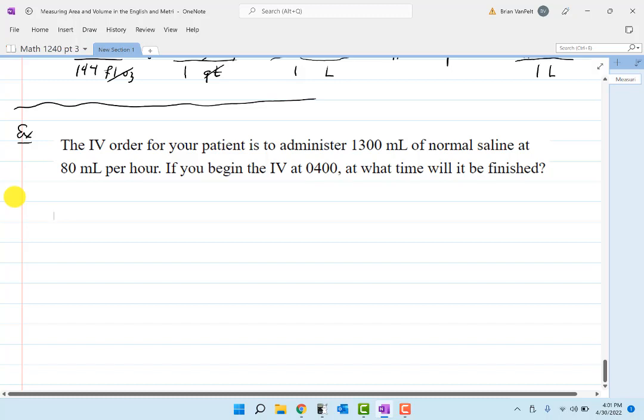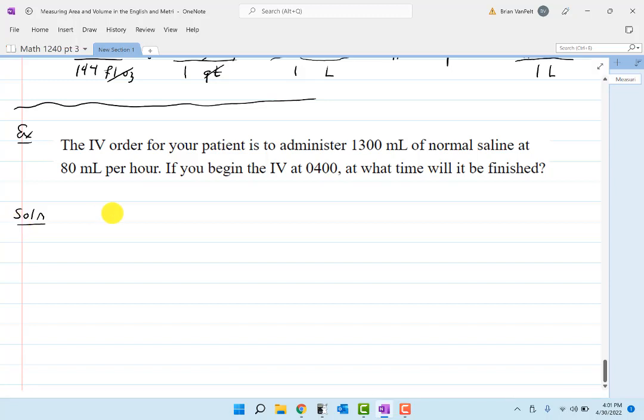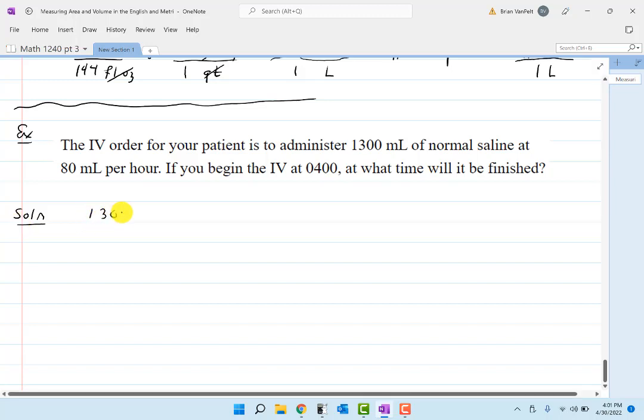So if you begin at 4 a.m., at what time will it be finished? So what you're doing is this, it's sort of weird, but you're going to take 1,300 milliliters and divide by 80 milliliters per hour.